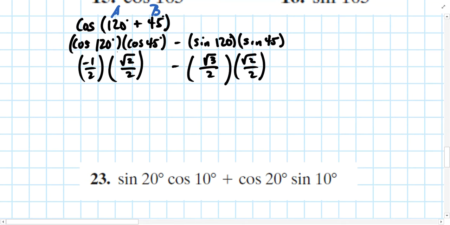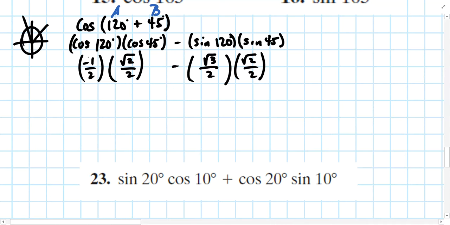And for each of these results, I'm just mentally considering the unit circle. 120 degrees was this first position past vertical on the unit circle. 45 degrees was this position halfway in between in that first quadrant. So mentally, I was able to compute those very quickly.